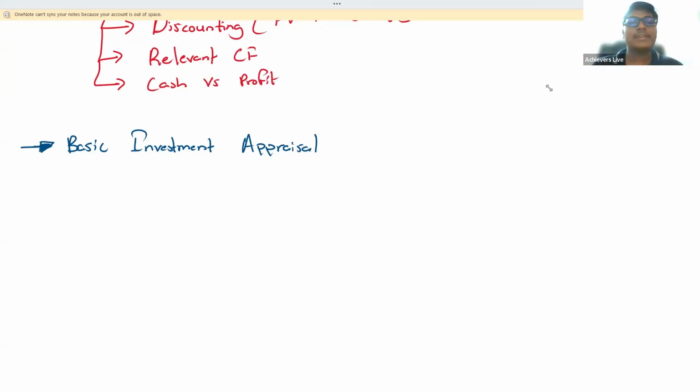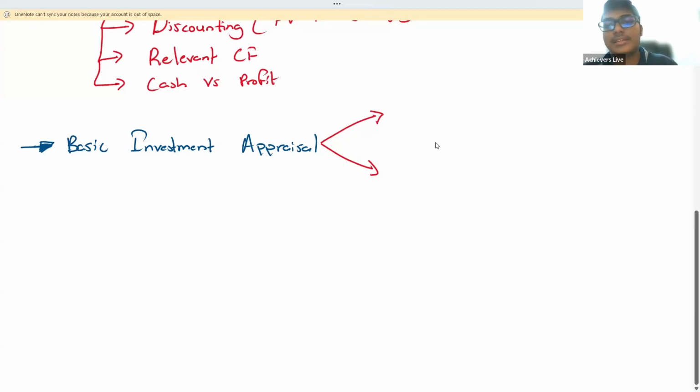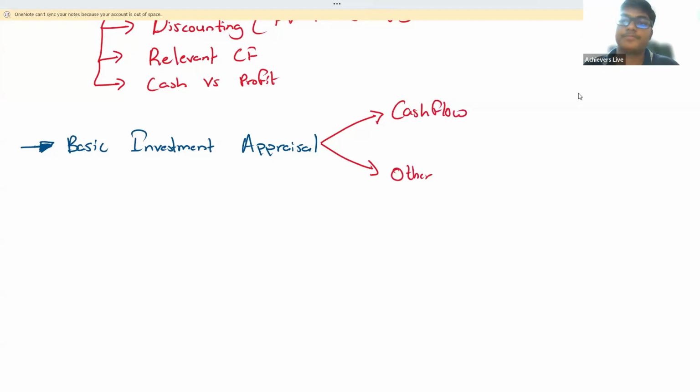We looked at two different categories. The first category is cash flow based investment appraisal methods, which we can call discounted cash flow, and the other methods.